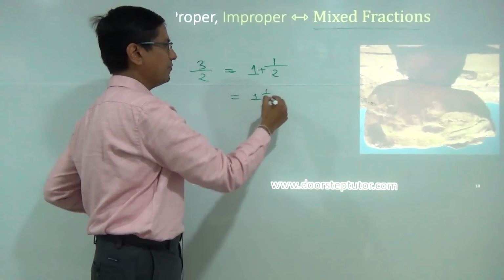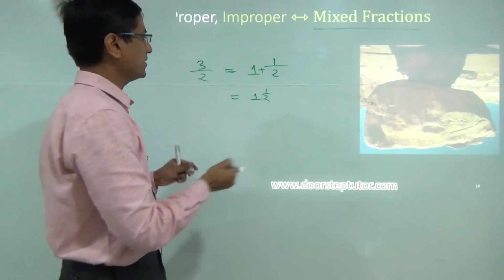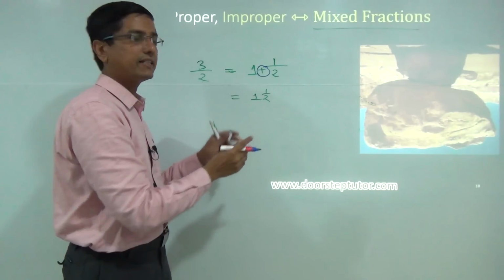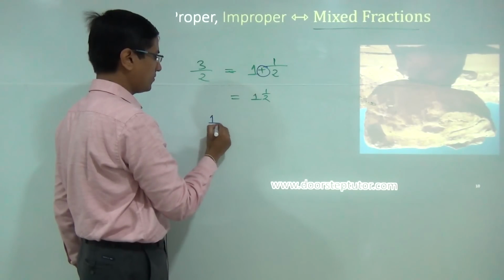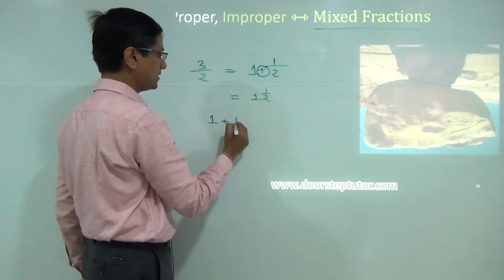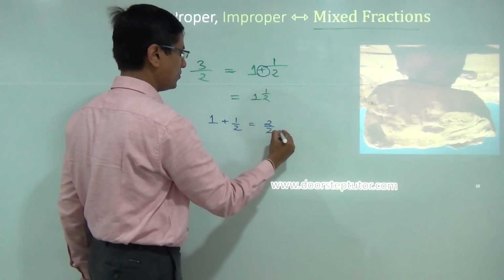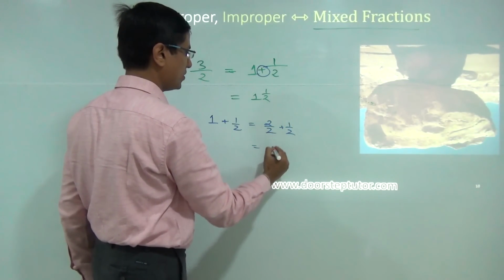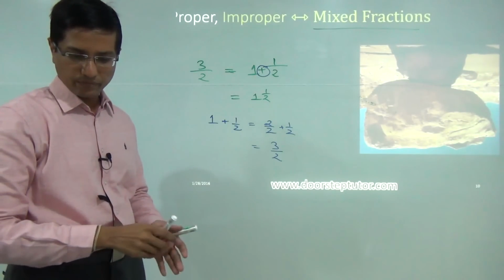I write it as 1 1/2, omitting the plus sign. This is typically how it's written, but the plus sign is implied. To convert back is very simple. 1 plus 1/2 is really nothing but 2/2 plus 1/2, which is equal to 3/2. We get back our improper fraction.